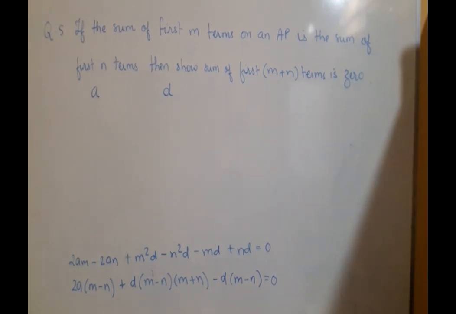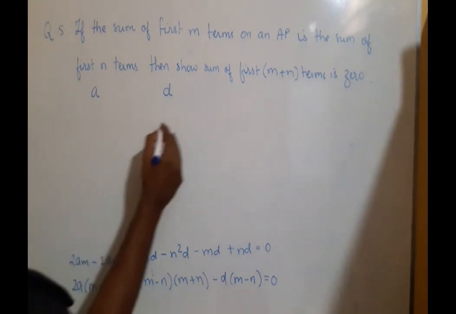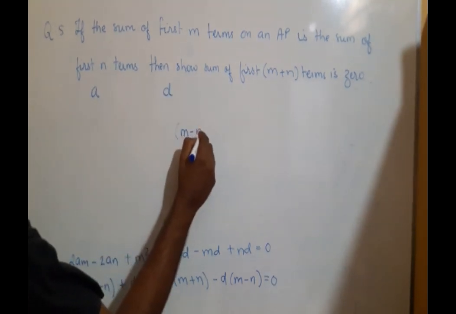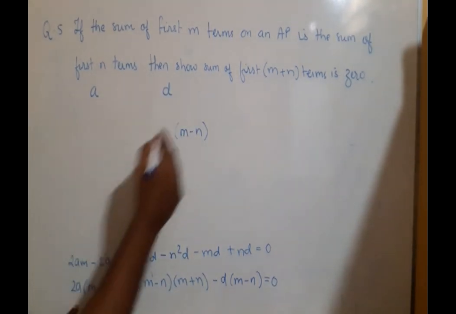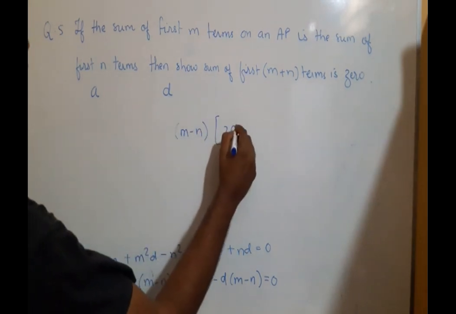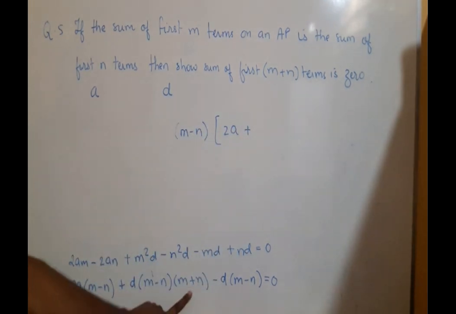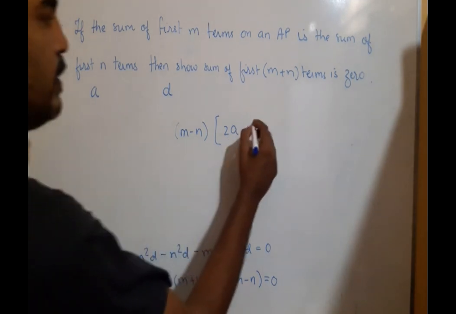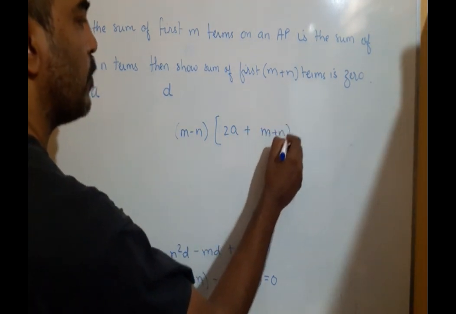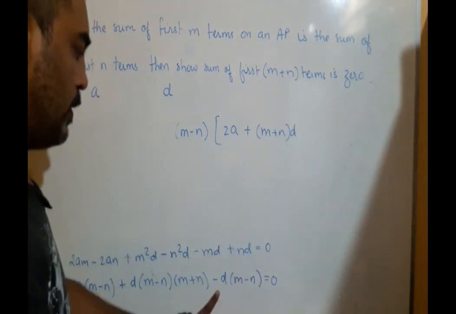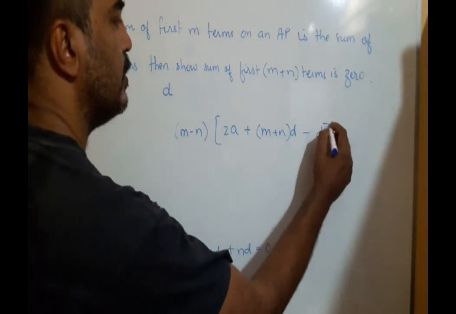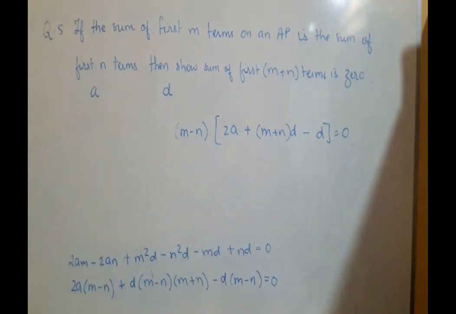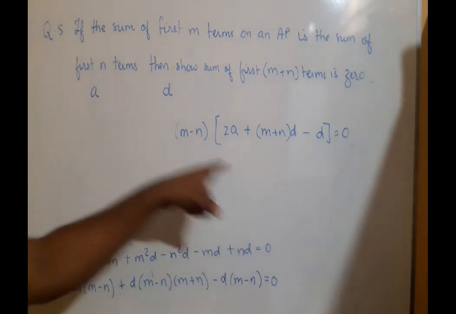Okay? So now you can see we have got a term m minus n, m minus n, m minus n, which is common in all three. So I will take the m minus n common. So what am I left with? I am left with 2a plus m plus n into d minus d equal to 0. We have taken the m minus n common from all three.